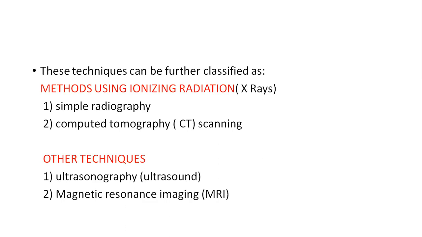In these two procedures, ionizing radiations are used for taking the images, and so they have hazards on the health of the individual. Other techniques of imaging are the ultrasonography, commonly called ultrasound, and the second one is the magnetic resonance imaging. In these two procedures, no hazards of the radiations are present.